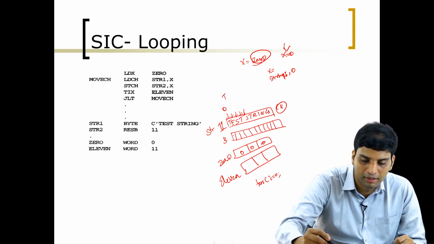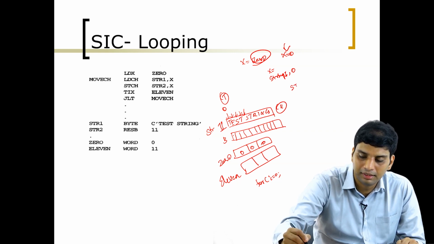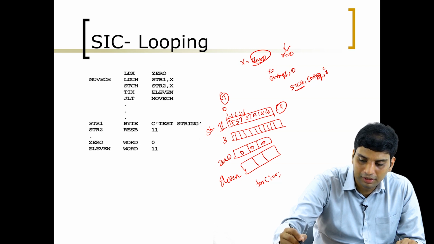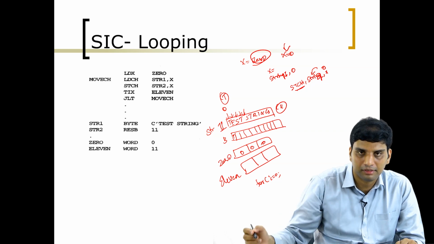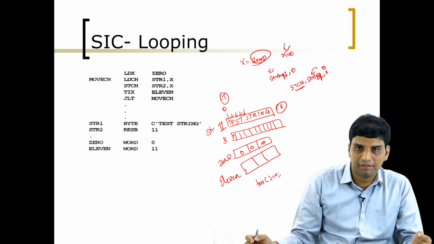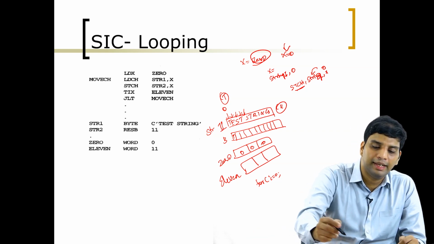So T is loaded. Now, next line is STCH string 2 comma X. That means you have to store the character in the 0th position into string 2. That means now T is stored here. First character is taken from there, from 0th position. I am placing it here. So next line, TIX 11.